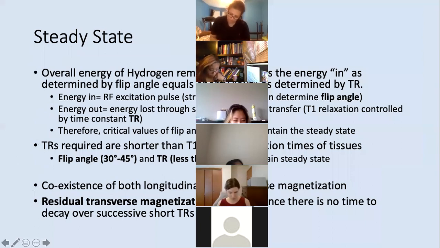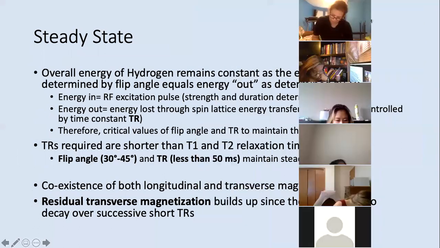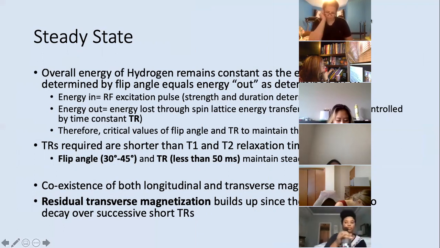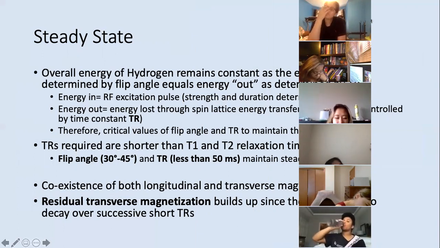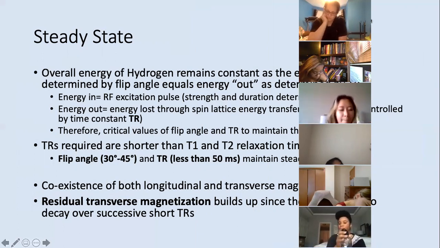All right. So probably one of the hardest concepts to get is what we call the steady state. So I just want to make sure that everybody is reading the book on this chapter. If you have the 5th edition, it's chapter 4, just to remind you guys.